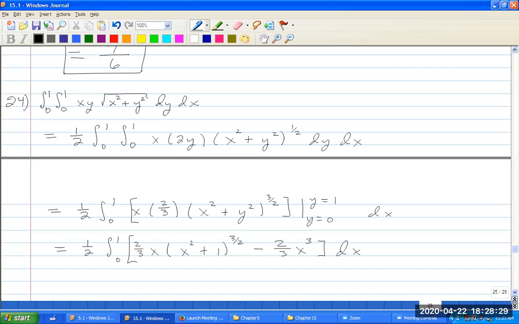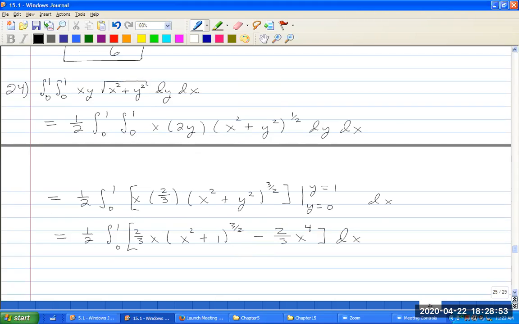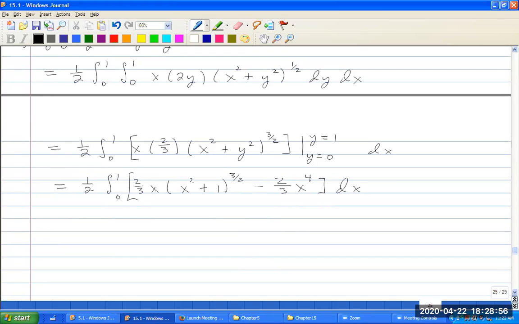Okay, so let's integrate this. Oh, times your x. Sorry. So this is x cubed times 2/3 x is 2/3 x to the 4th. Okay, so let's integrate this. And so this is equal to, I have here 1/2 and 1/3.